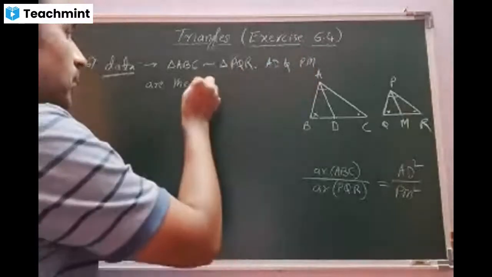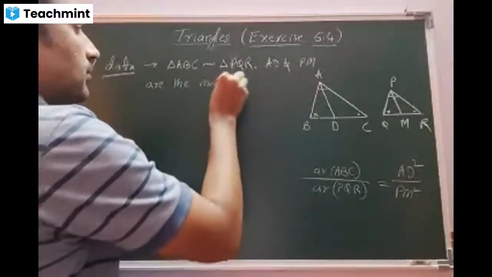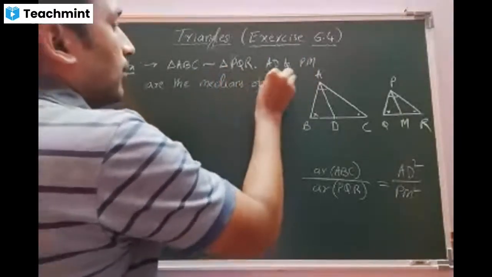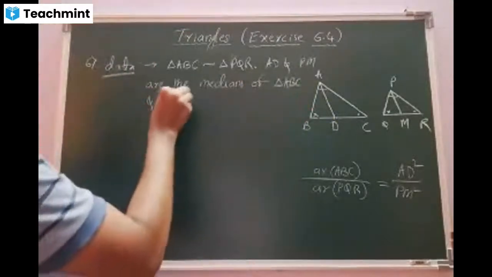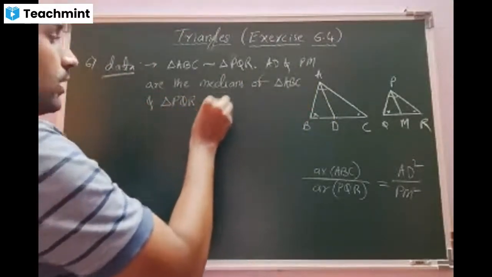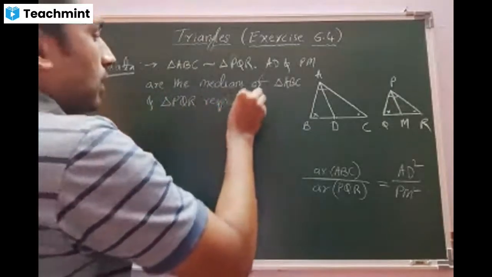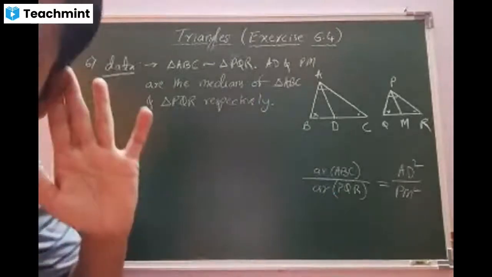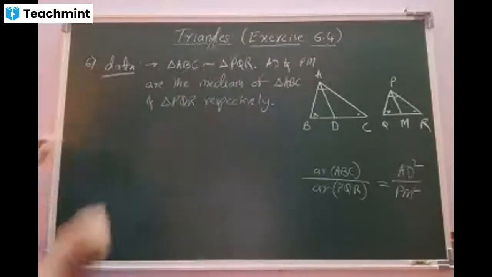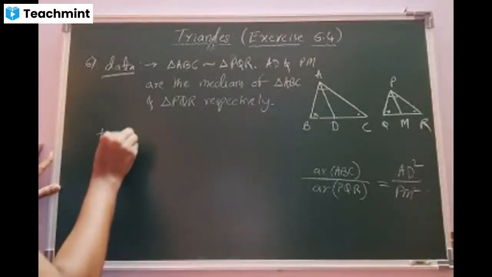AD and PM are the medians of triangle ABC and triangle PQR respectively. This is the data, the first part of the statement. To prove what I have to prove.